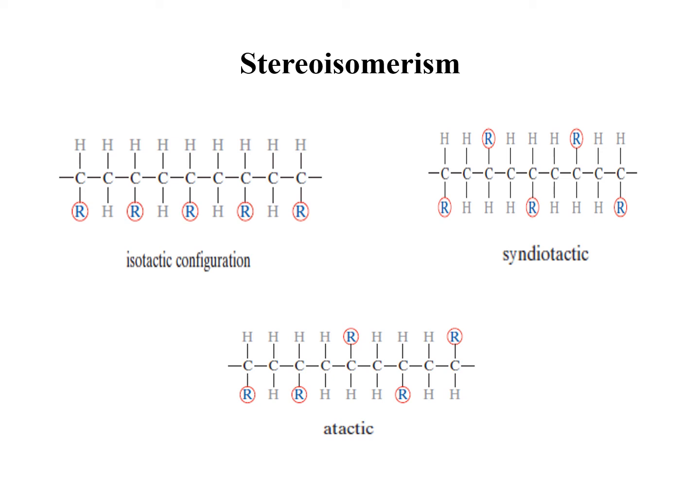In a syndiotactic configuration, all the R groups are on alternate sides of the chain, as you can see in the figure. And if the positions of the R groups are randomly ordered, it is called an atactic configuration.